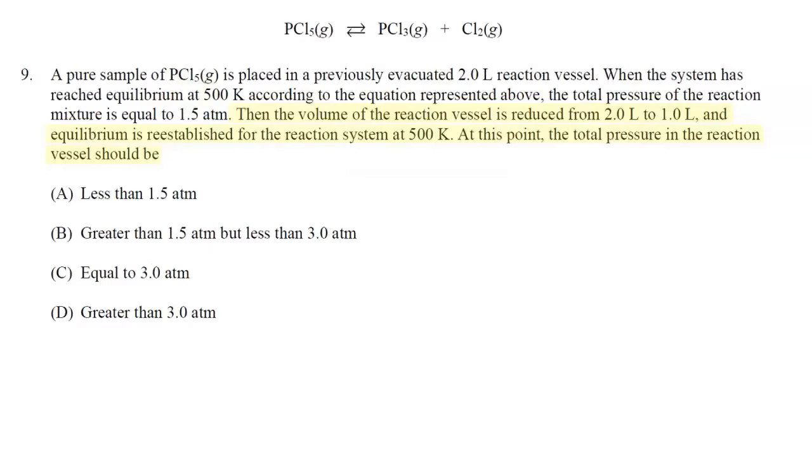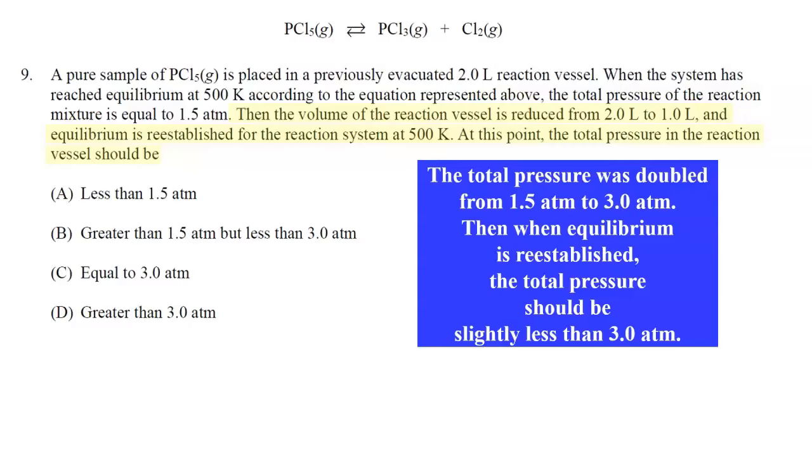It's a similar situation here in question 9 in that we have a system that's at equilibrium, and then the volume of the reaction vessel is reduced from 2 liters to 1 liter. So at that moment, the total pressure would be doubled from 1.5 atmospheres to 3 atmospheres. But then equilibrium will be reestablished, and there'll be a shift toward the side of the equation with fewer moles of gas.